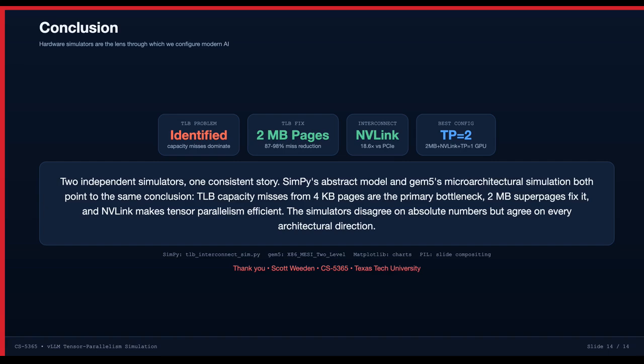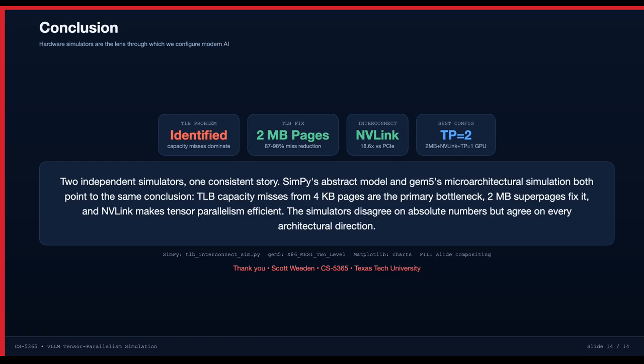SimPy's abstract model and gem5's microarchitectural simulation both point to the same conclusion, and translation lookaside buffer capacity misses are a bottleneck we can control. The NVLink versus PCI Express is something that we won't necessarily be able to control on the hardware configuration side.